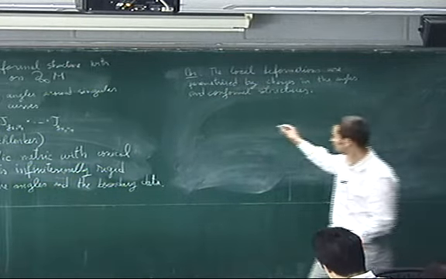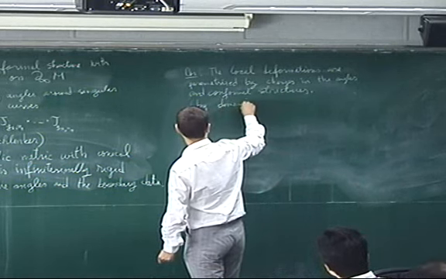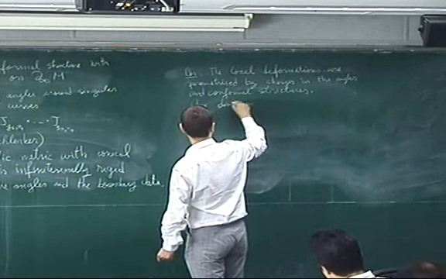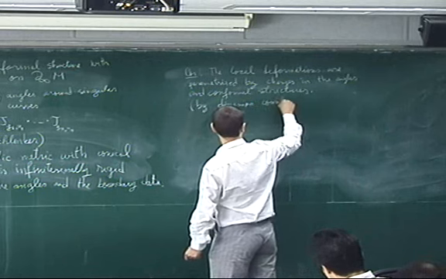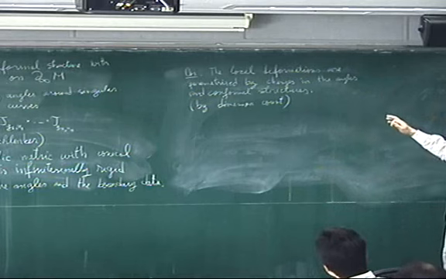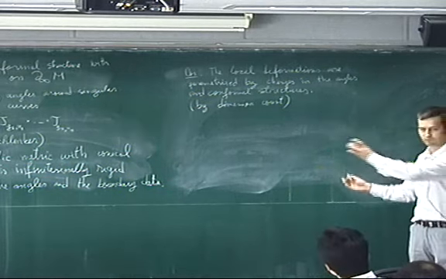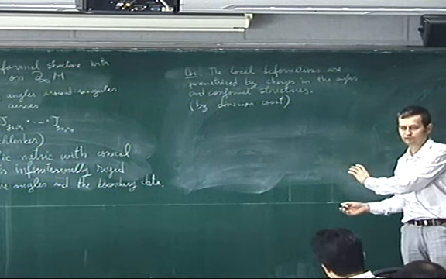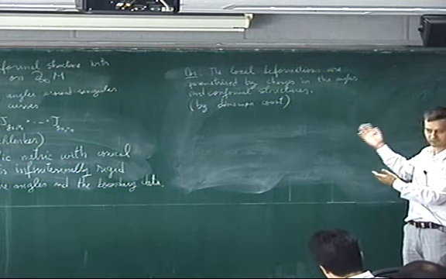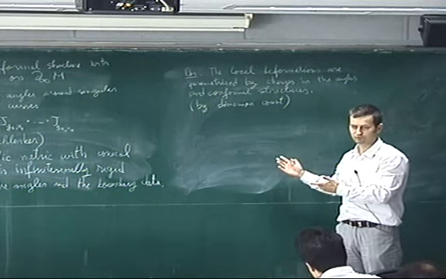This will follow by dimension count. Namely, we will compute the dimension of the space of local deformations without restrictions at infinity and on the angles, and we'll notice they are exactly, by the rigidity result, the same dimension.